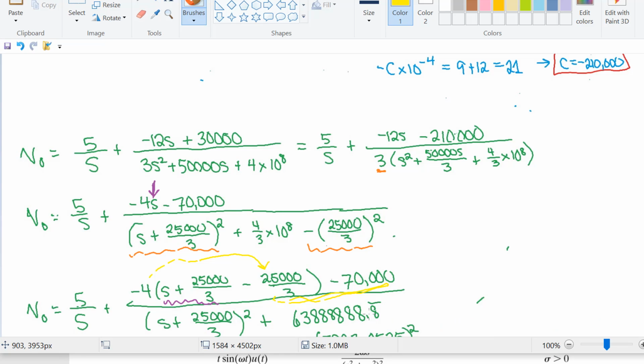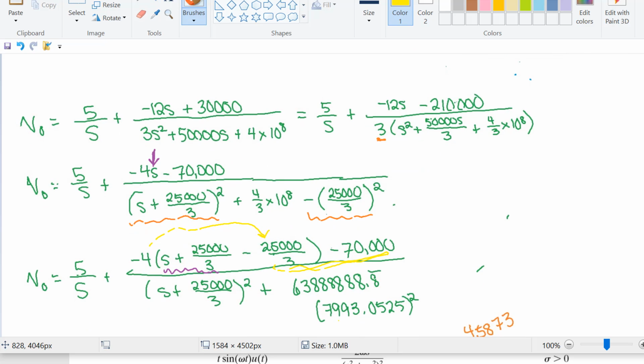So I just took the square root of that 63,888,888.8, and you can write that as 7,993.0525 quantity squared. So the stuff inside parentheses, that's your omega. Okay. And then this is your a.